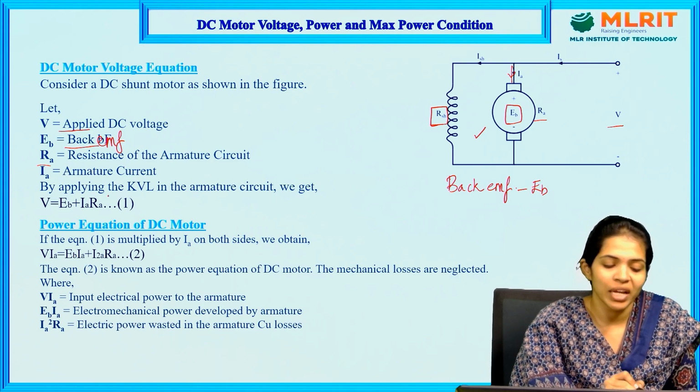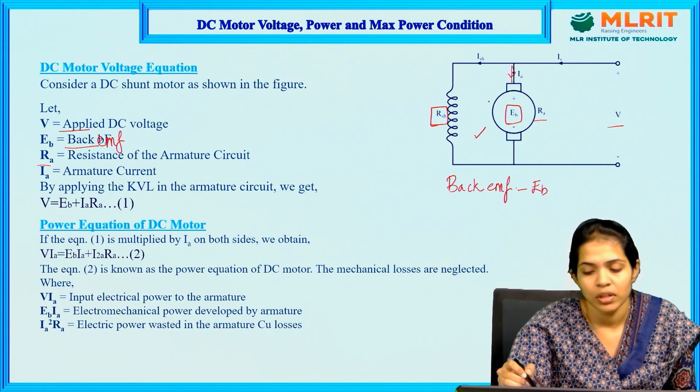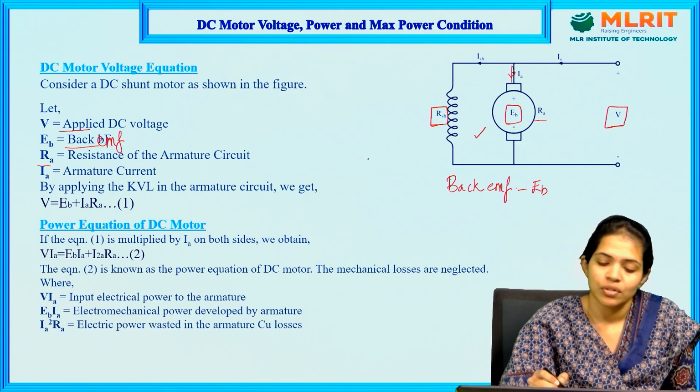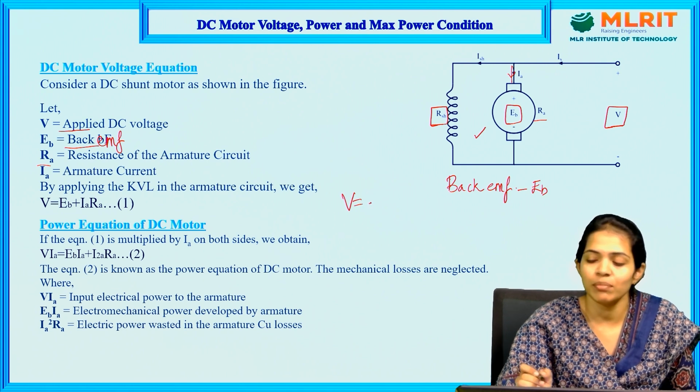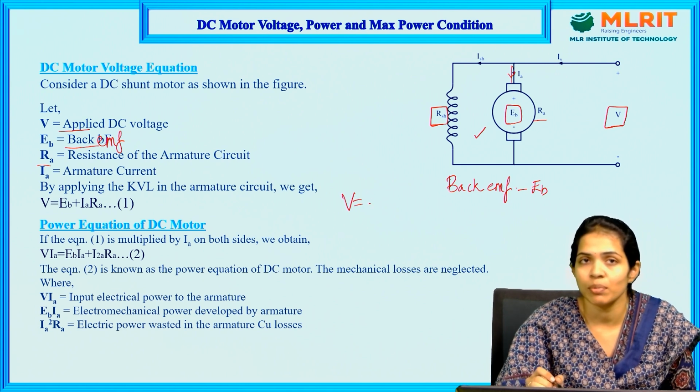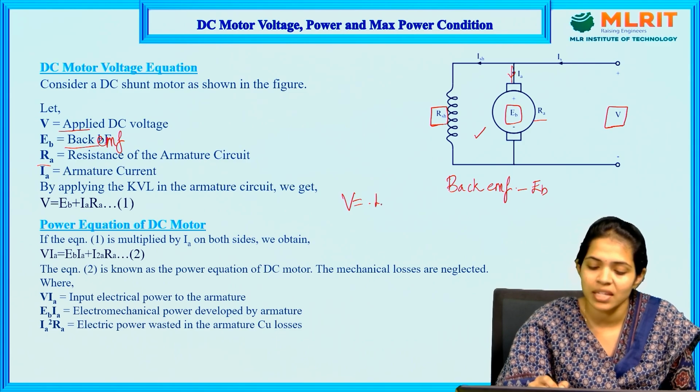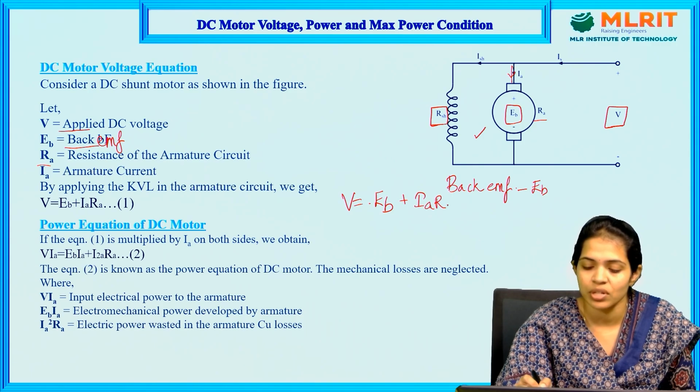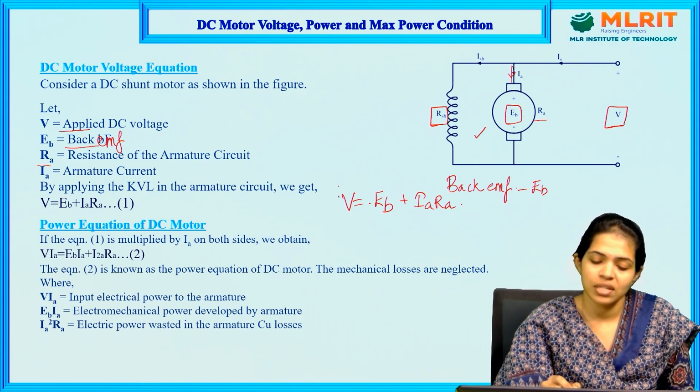So by applying KVL in this particular loop, we have voltage V here. The applied voltage is equal to the sum of the drops or the generated voltages in the circuit. As EB is built up in the armature, it will be the sum of back EMF plus the drop occurring in the armature resistance. So this is our voltage equation for a motor.